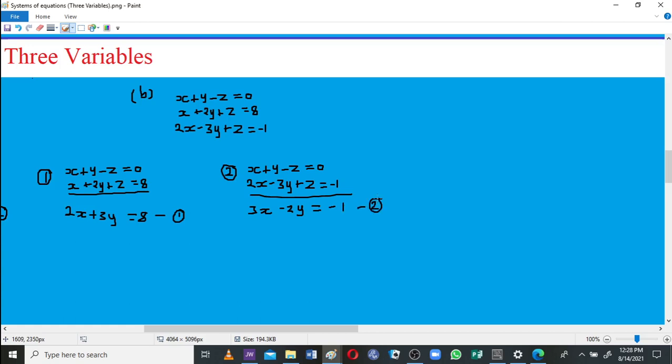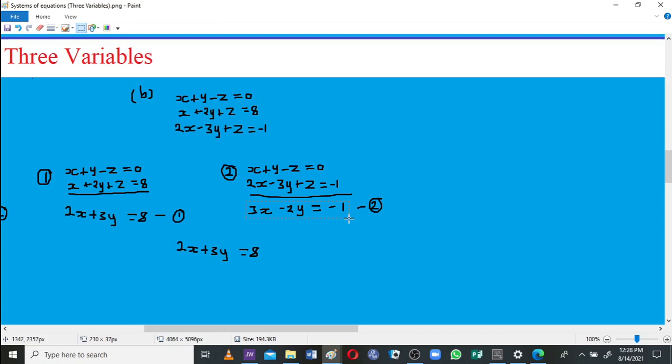Now the next thing I need to do is to pair these two equations and solve them together as well. So I need what I've gotten from my first pair, as you can see. Okay, so this is what I've gotten. This is the equation I've gotten from my first pair, and then I also get what I've gotten from my second pair.